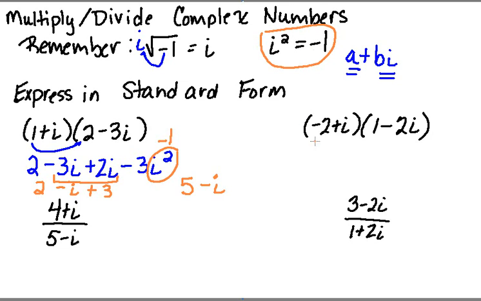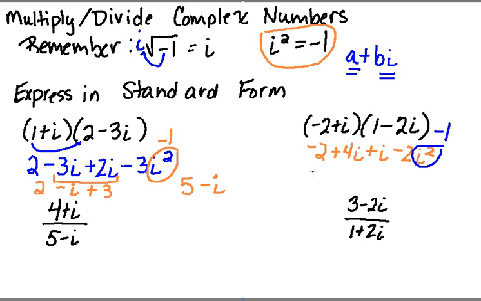Let's try another example. Here I'm just going to FOIL this out. -2 times 1 is -2. -2 times the -2i is going to give me a positive 4i. i times 1 is just an i. And then last I get i times a -2i, which is going to yield a -2i squared. Once again, I've ended up with my i squared, so in this case I'm going to pop in that -1.